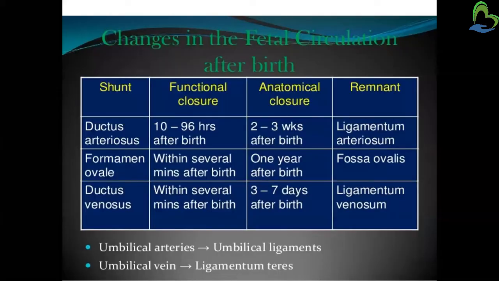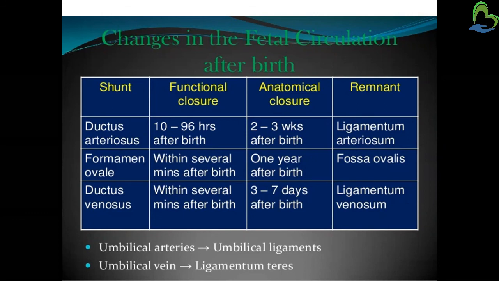For the summarization of the topic, what kind of changes occur in fetal circulation after birth will be described in this table form. The three shunts are the ductus arteriosus, ductus venosus and foramen ovale. For functional closure: 10 to 96 hours after birth for the ductus arteriosus, within several minutes after birth for the ductus venosus, and within a minute after the birth of the baby for the foramen ovale.